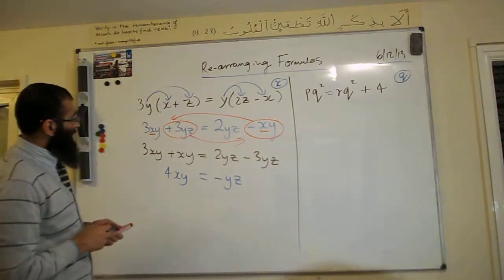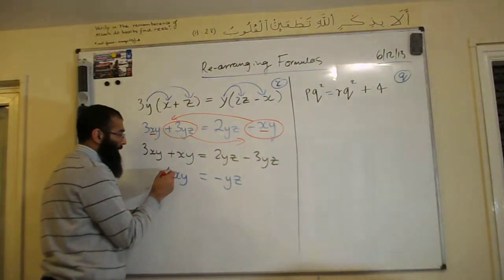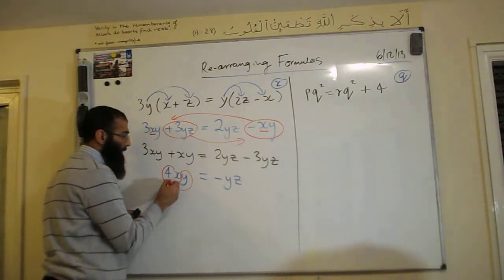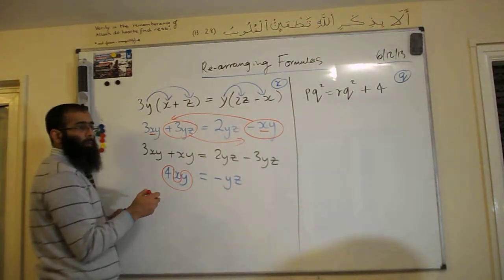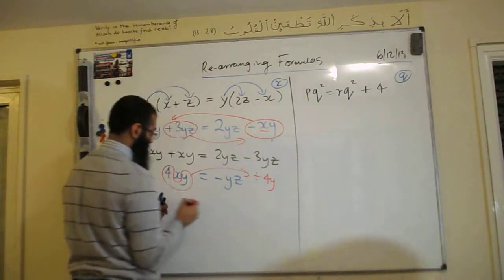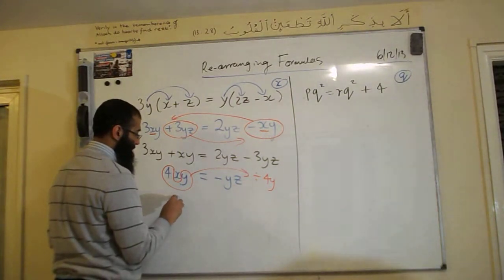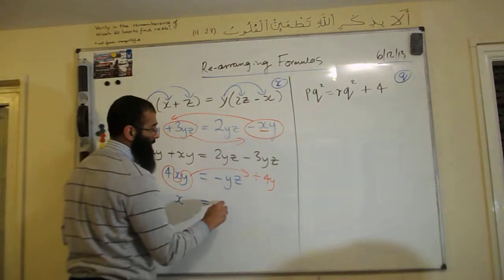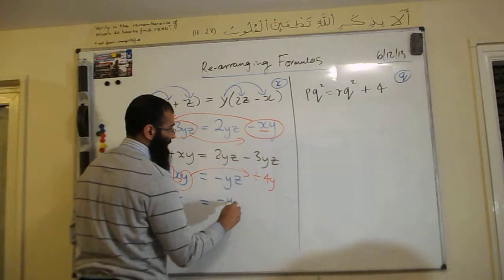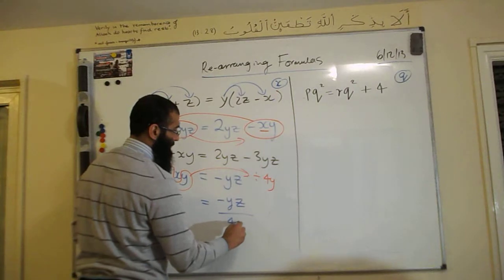Now we've got to make x the subject. So what is x being multiplied by? x is being multiplied by 4y. The opposite of multiplying by 4y is dividing by 4y. So x is equal to minus yz divided by 4y.